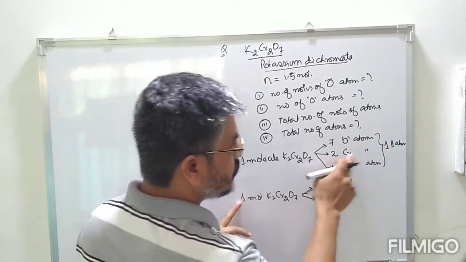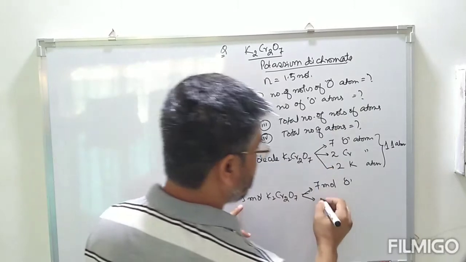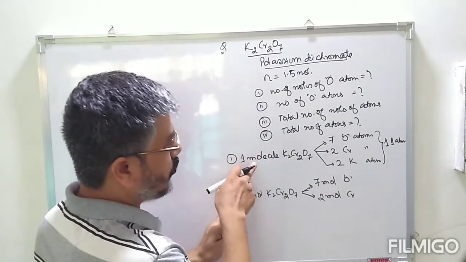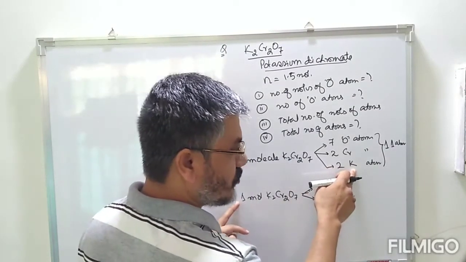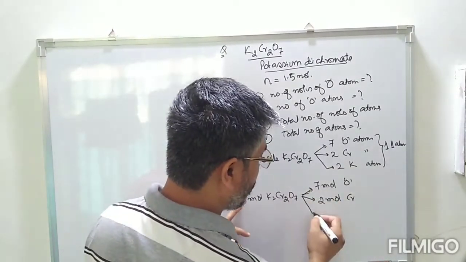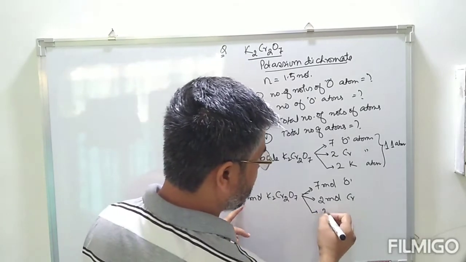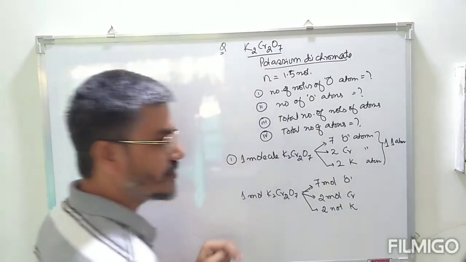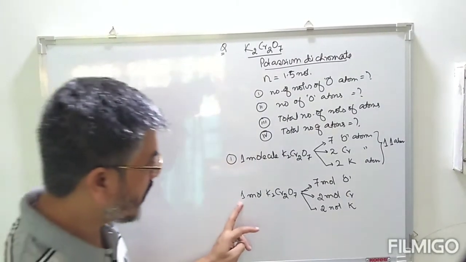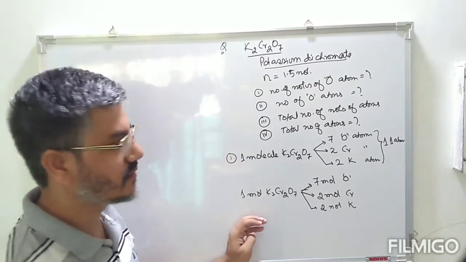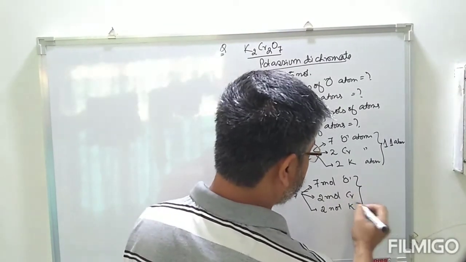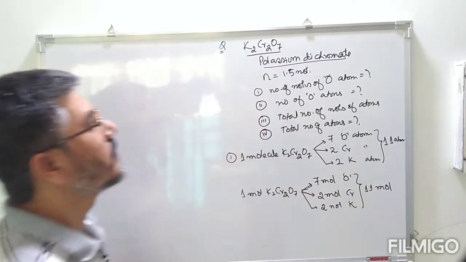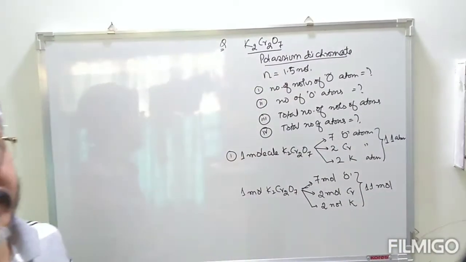One molecule contains 2 chromium, so 1 mole will contain 2 mole chromium atoms. One molecule contains 2 potassium atoms, so 1 mole will contain 2 mole potassium. So 1 mole contains 11 mole of atoms.